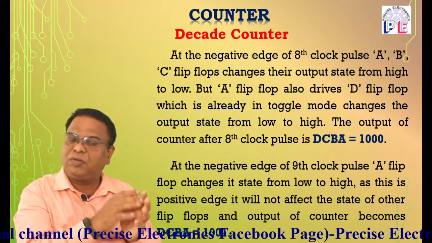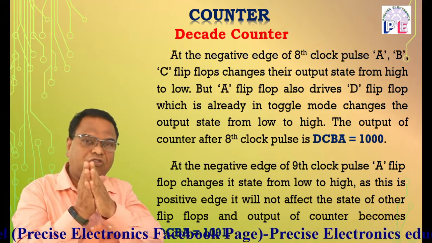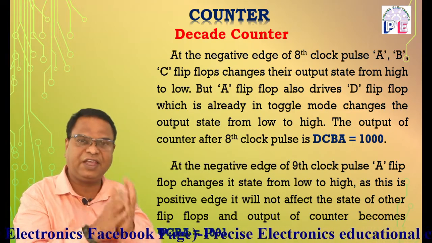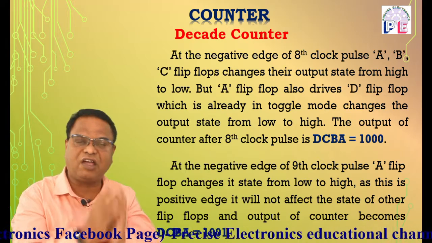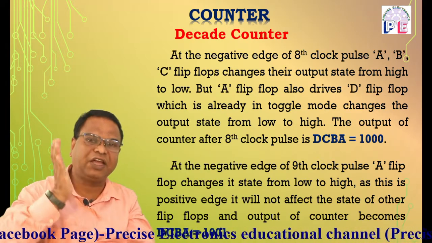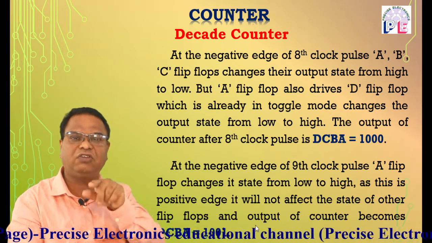The state of the D flip-flop also remains as it is. So there is no change in the state of the next flip-flops. B, C and D remain in their last state. So the output of the counter at the end of the 9th clock pulse is DCBA equals 1001.